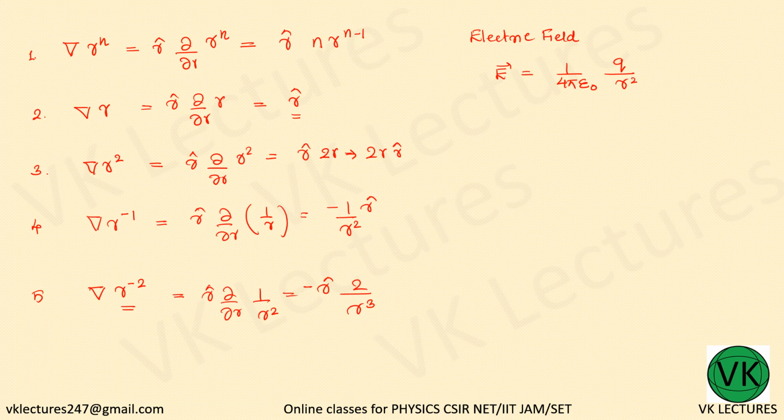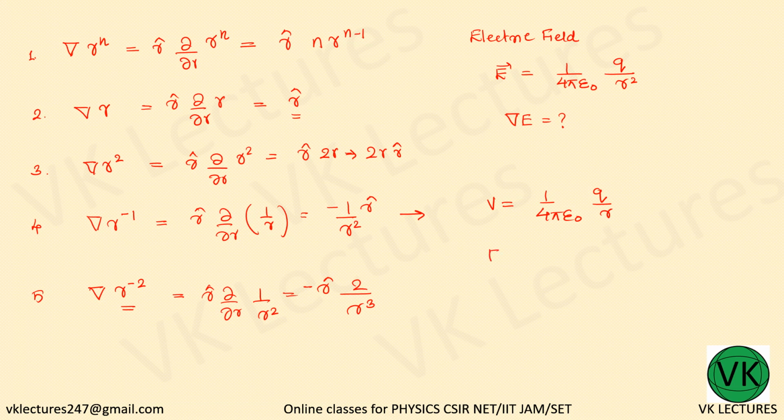We need the gradient related to the potential V, which is 1 by 4 pi epsilon naught q divided by r, the electric potential.